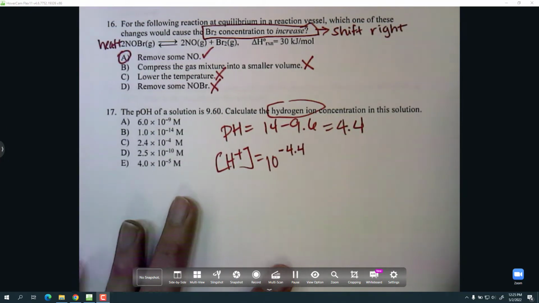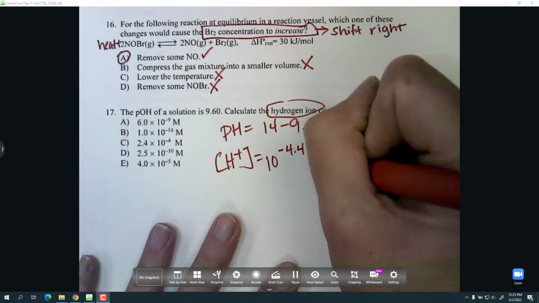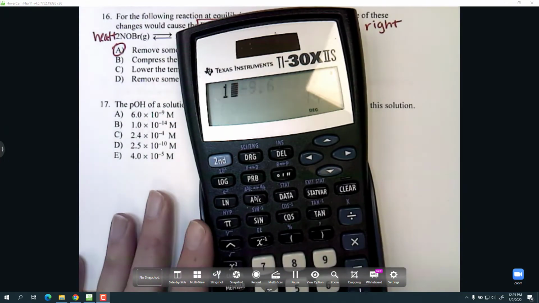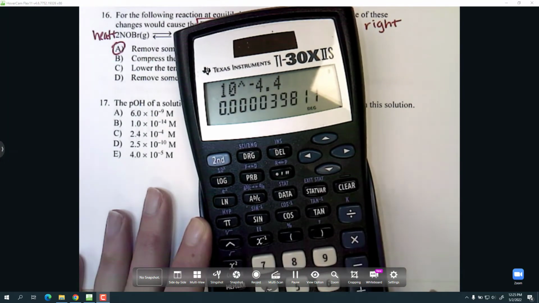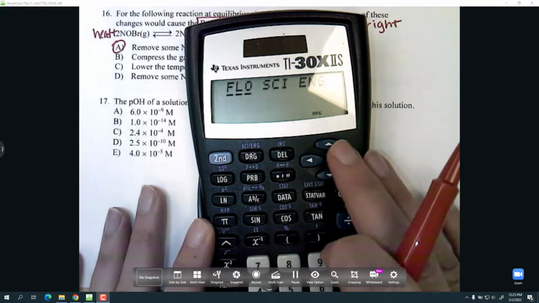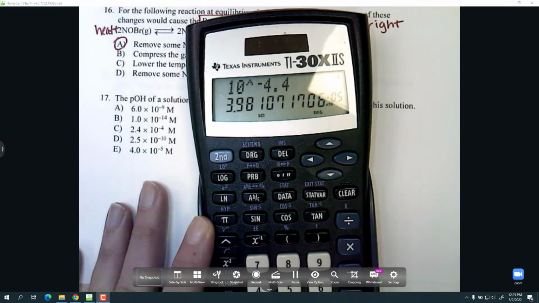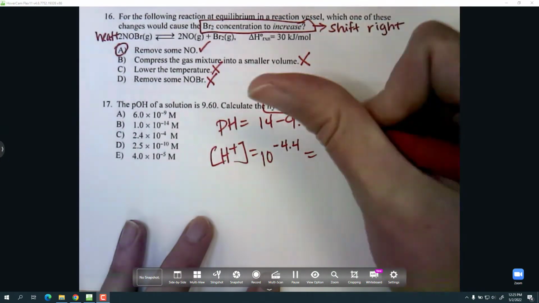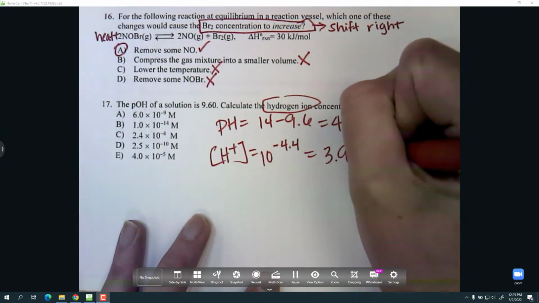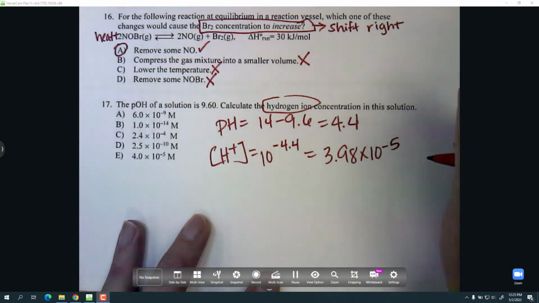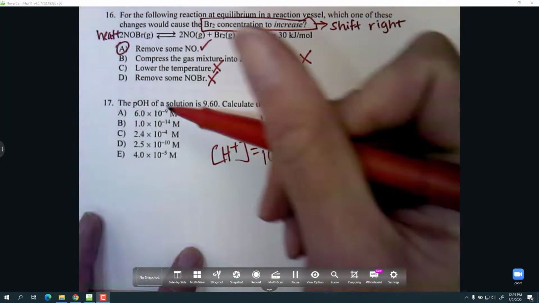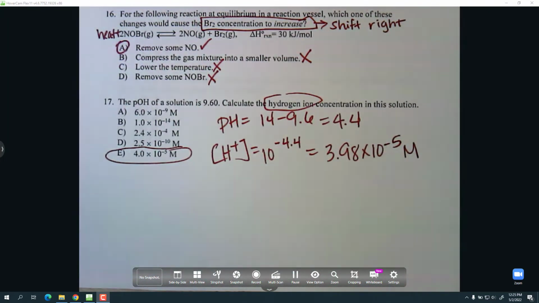Then it's 10 to the negative 4.4. I got 3.98 times 10 to the minus 5. So that looks like E.